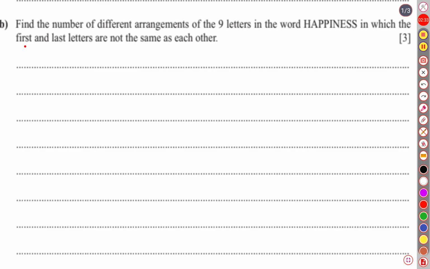Suppose the first one is p, and the last one is also p. So positions 1 2 3 4 5 6 7 8 9.